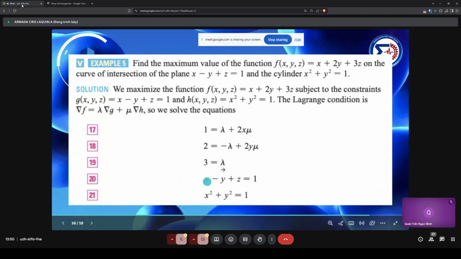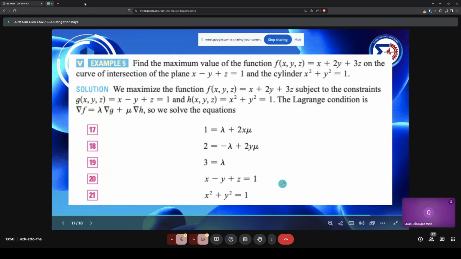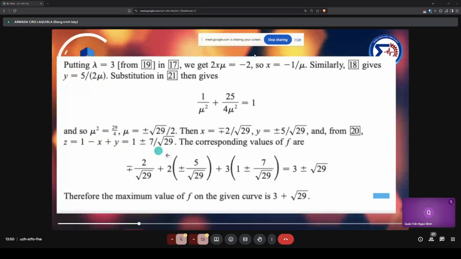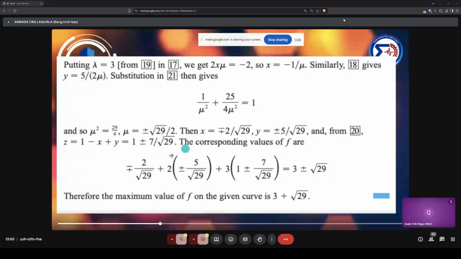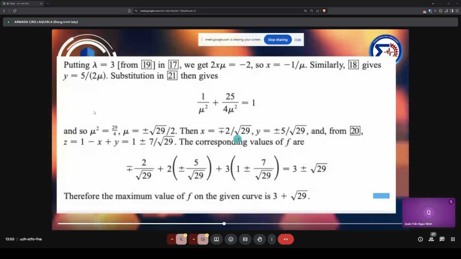Because you will transfer the x to the other side, it becomes minus x. Then transfer y to the other side, it becomes plus y. So it's here, 1 minus x plus y equals, this is the value first when you substitute the value of your first x. Your first x here, class, is the negative 2 over square root of 29, you substitute it here.